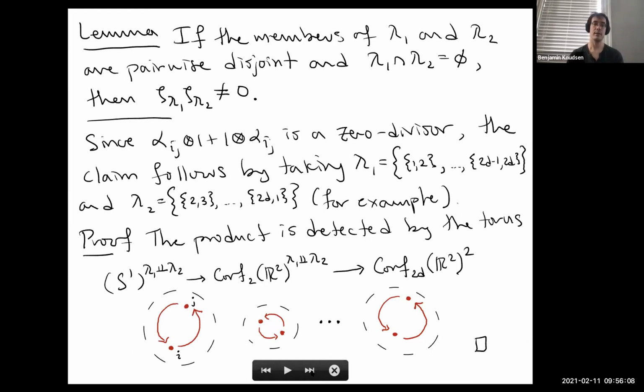And I just plug in what was happening in the configuration space of 2 points in R2 into these smaller R2s, and I get something in the larger configuration space. Okay. And it turns out that this torus inside of the square of the configuration space detects this product, and that's why it's non-zero.